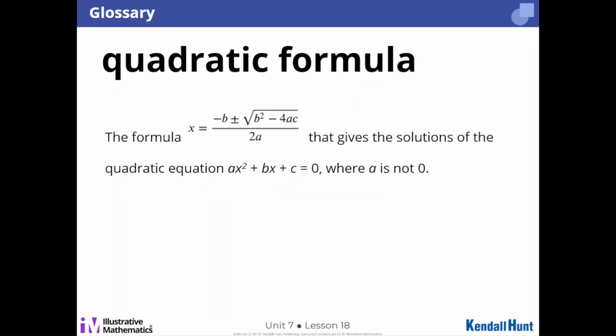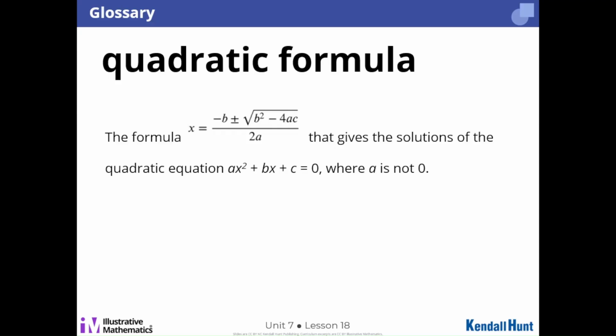The glossary term again is quadratic formula itself. You can see the formula here. X equals negative b plus or minus the square root of b squared plus 4ac, all of that divided by 2a.